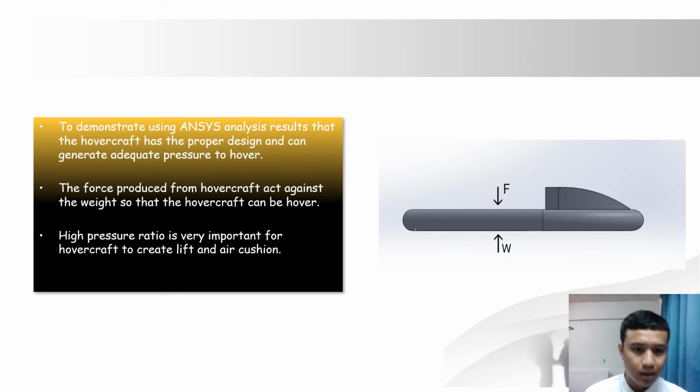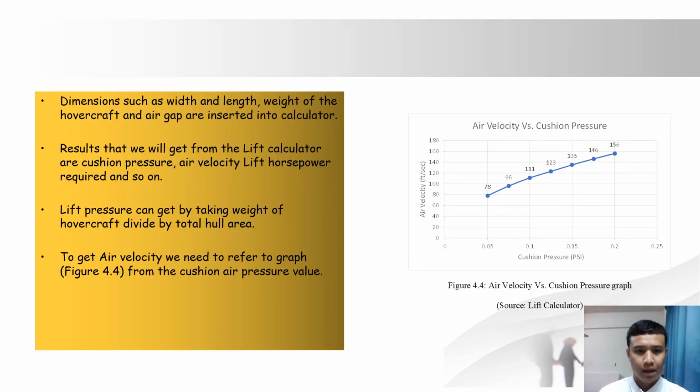Okay, next is to demonstrate using the ANSYS analysis result that the hovercraft has the proper design and can generate adequate pressure to hover. The force produced by the hovercraft acts against the weight so that the hovercraft can hover. Height pressure ratio is very important for the hovercraft to create lift and air cushion. Dimensions such as width and length, weight of the hovercraft, and air gap are inserted into the calculator.